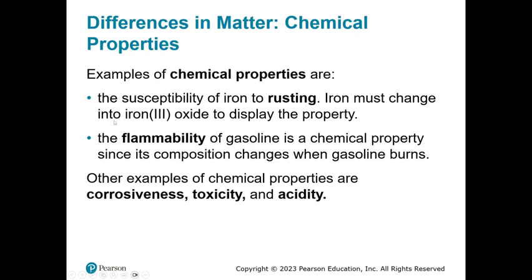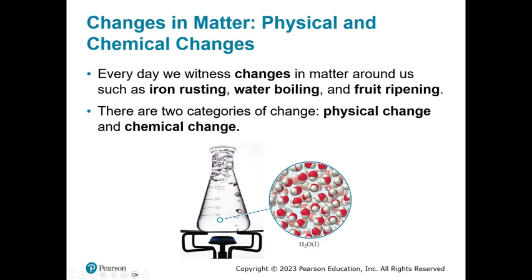Flammability, like I mentioned, is the ability to be burned or the ability to be oxidized. Corrosiveness, toxicity, acidity, these are all chemical properties. Chemical properties can be reiterated in a whole bunch of different ways that say the same thing, often depending on what your particular discipline is interested in.